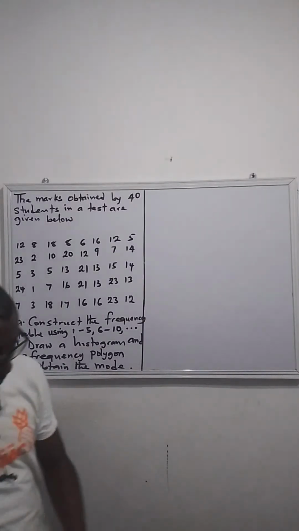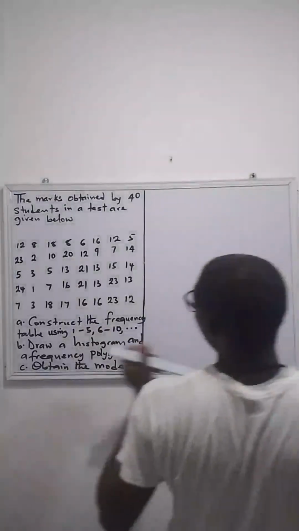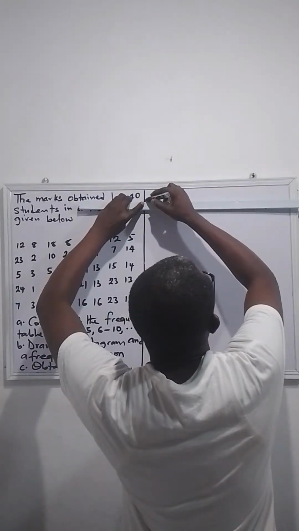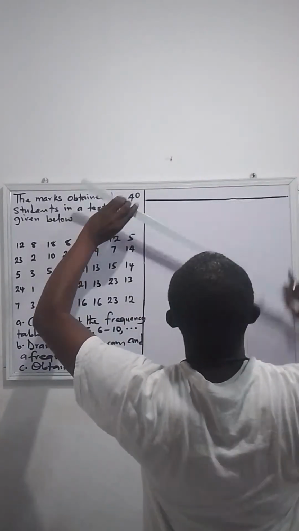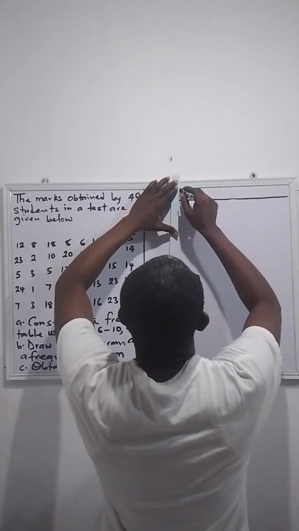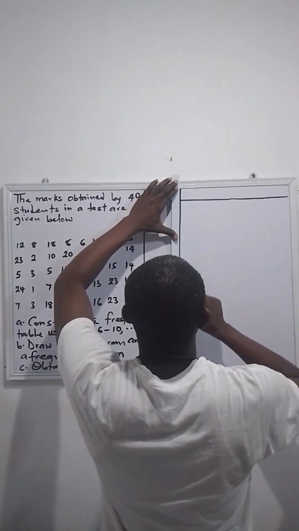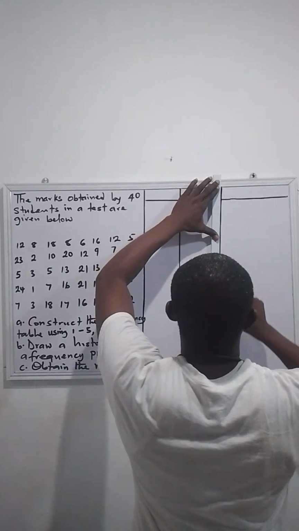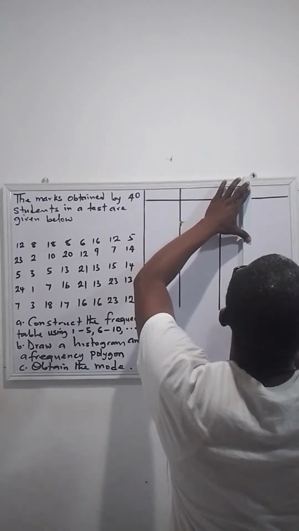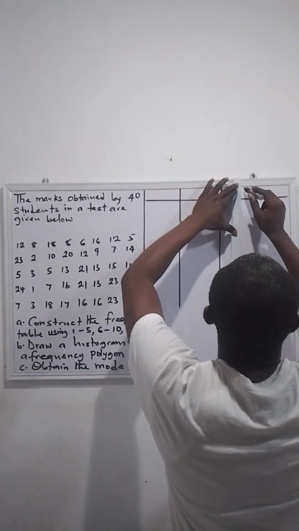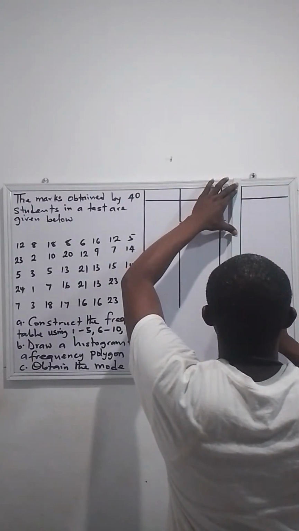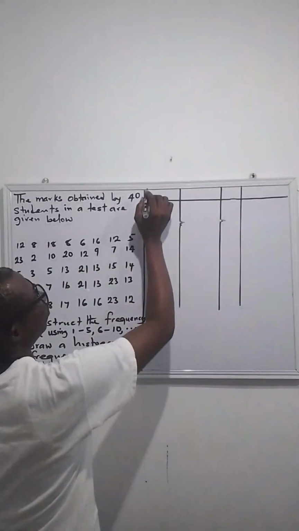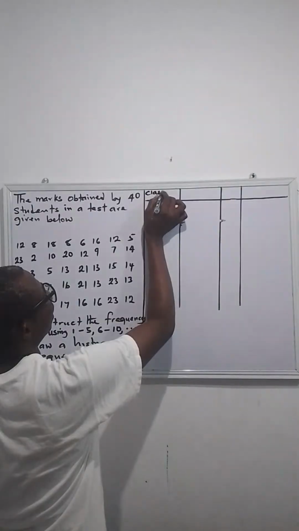All right, so construct a table of this form. The first column should be for the class interval.